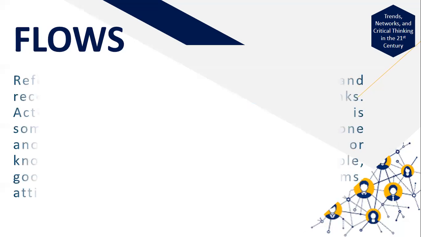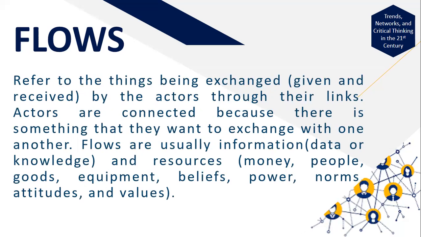And pag sinabi natin flows, these are the things being exchanged through their links. So si flow ang nagsasabi kung bakit merong links. Okay? Kung paano nabuo yung links. So generally speaking, usually flows are information and resources.